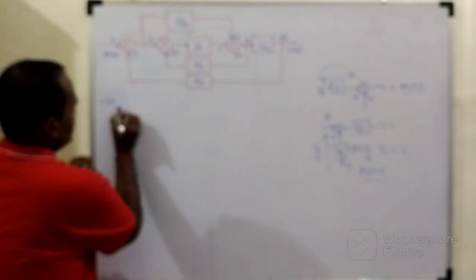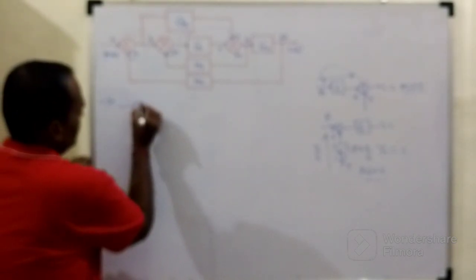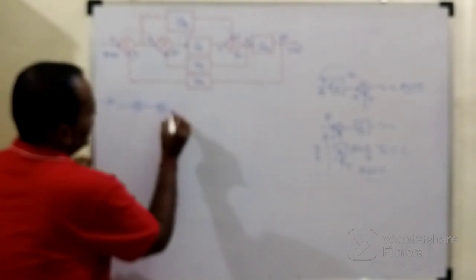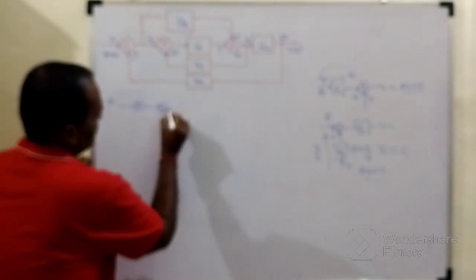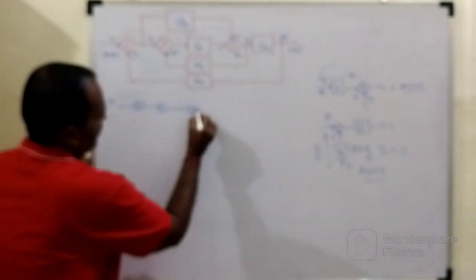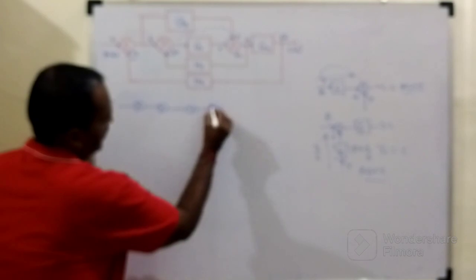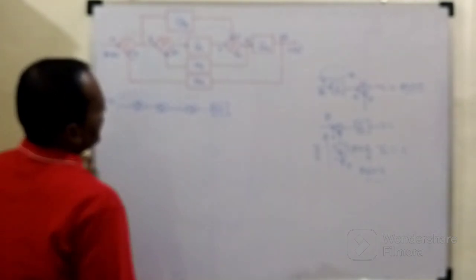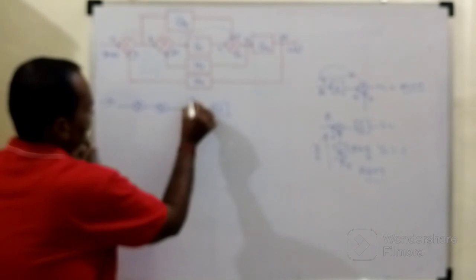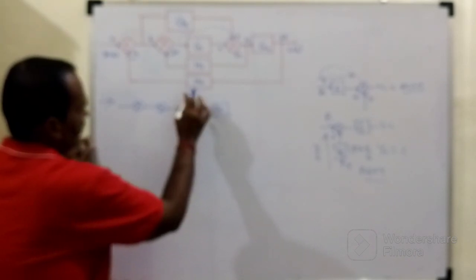So here I will write summing point number 1 and summing point number 2, which remain as they are, and this summing point is being shifted before this block G suffix 1. As a result, we need to add one more block.